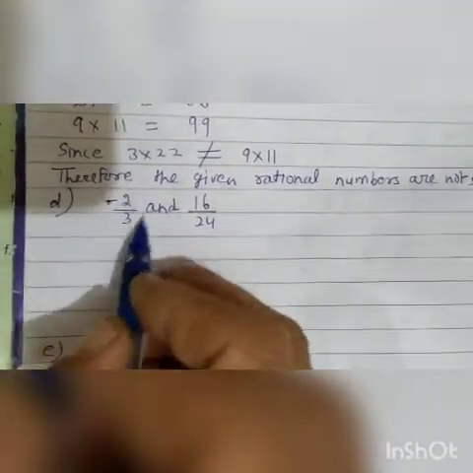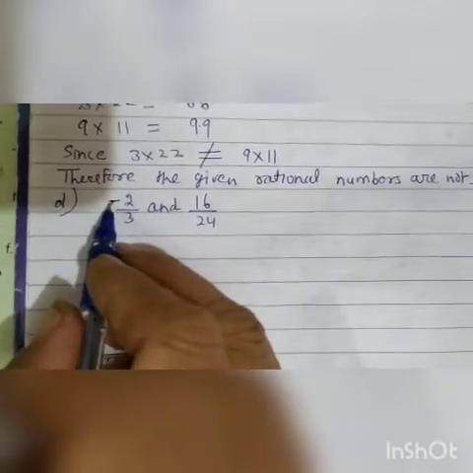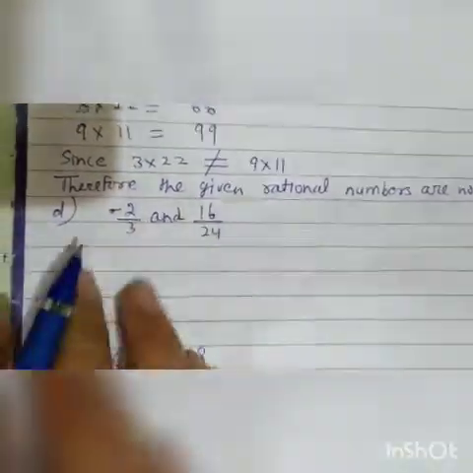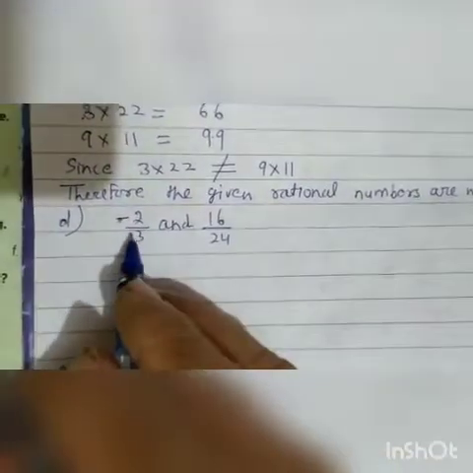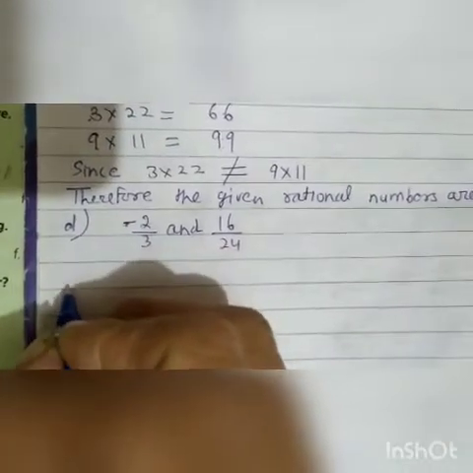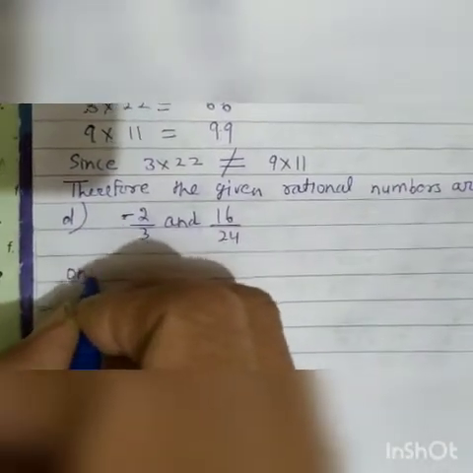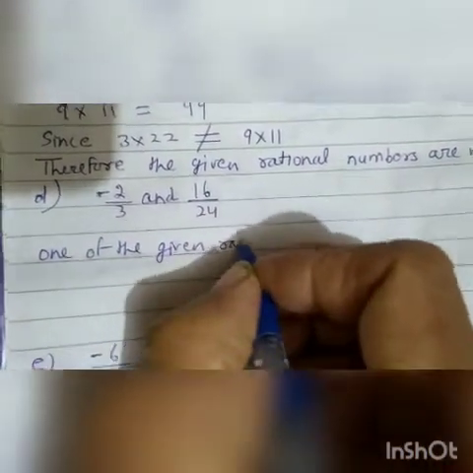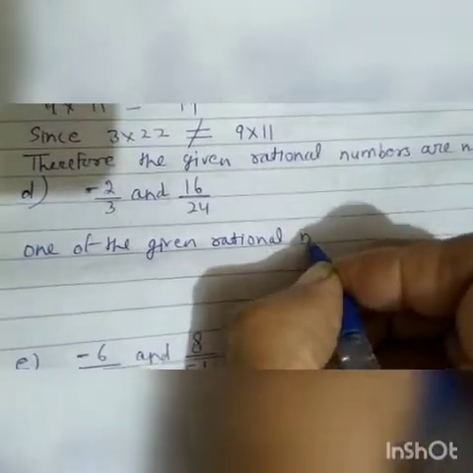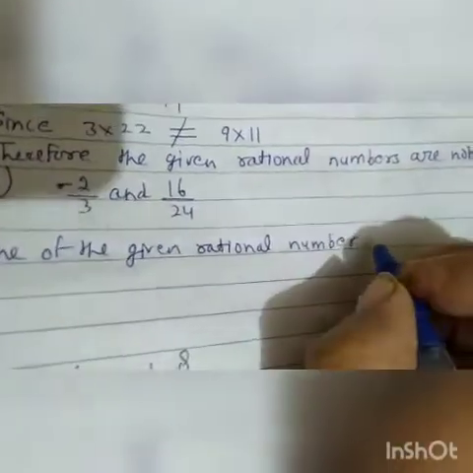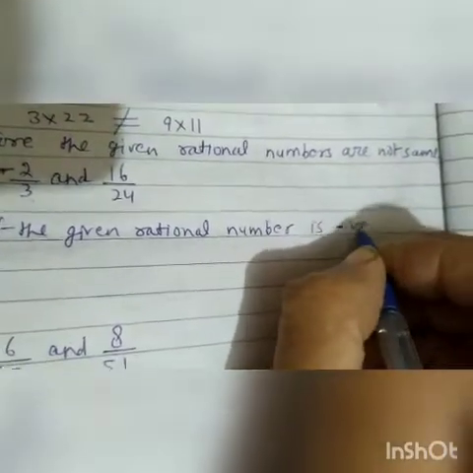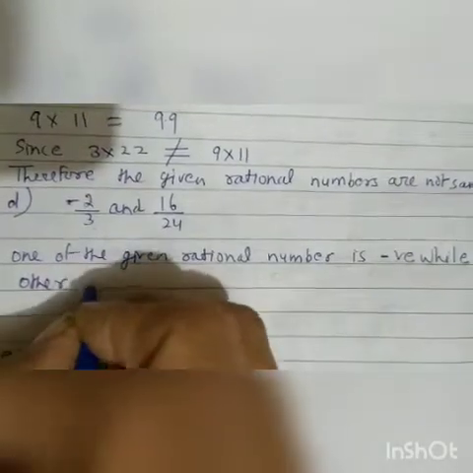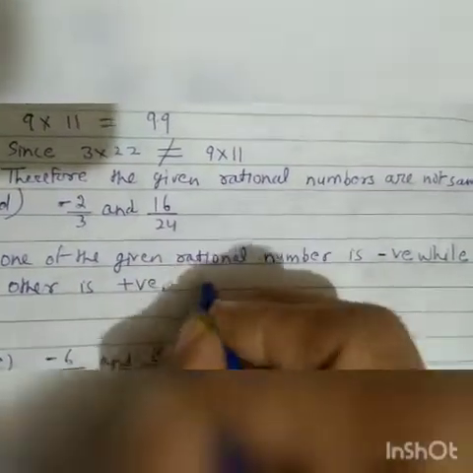Next, here students, first is minus 2 upon 3 and other is 16 upon 24. See, one is negative. First rational number is negative and second rational number is positive. If one is negative, other is positive, then how can they be equal? So these two rational numbers are not equal. We will write, one of the given rational numbers is negative while other is positive.